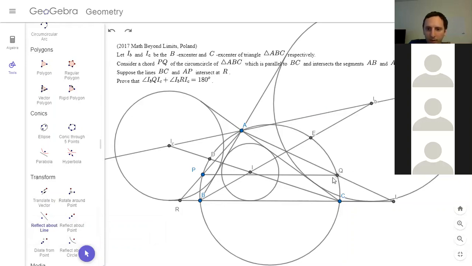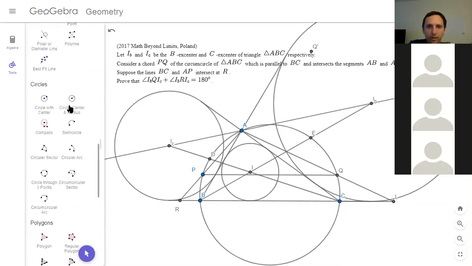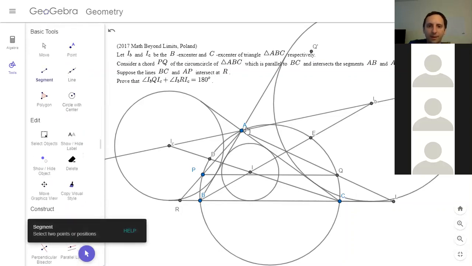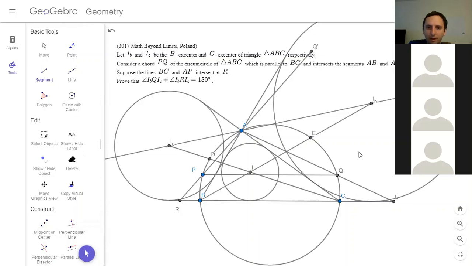And so that P, A, Q prime are collinear. Collinear. Yeah. I like that. And we need to prove that R, IC, Q prime, and IB is cyclic. Yeah. And so we could use power of a point, probably. Maybe, but I use another way to prove that.